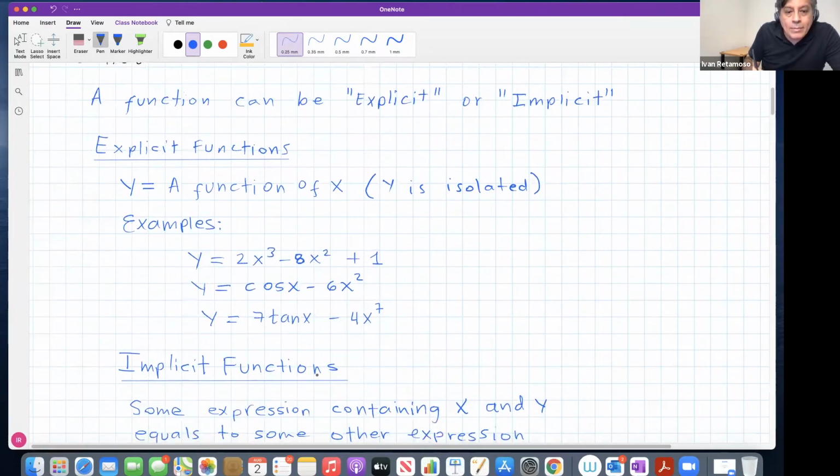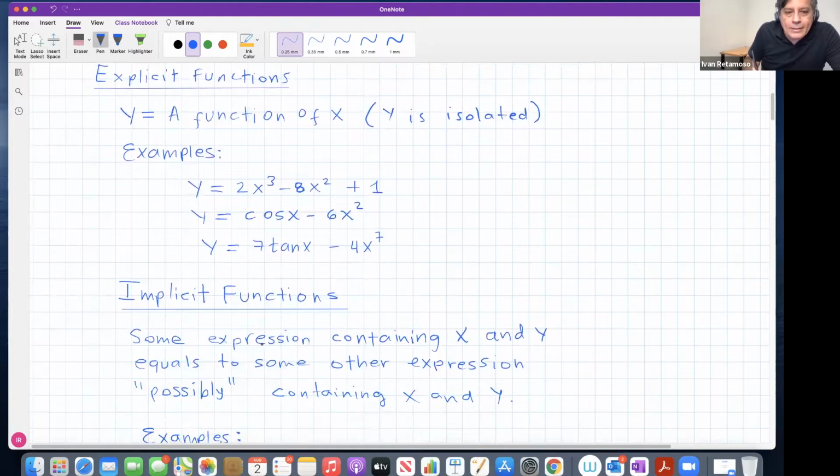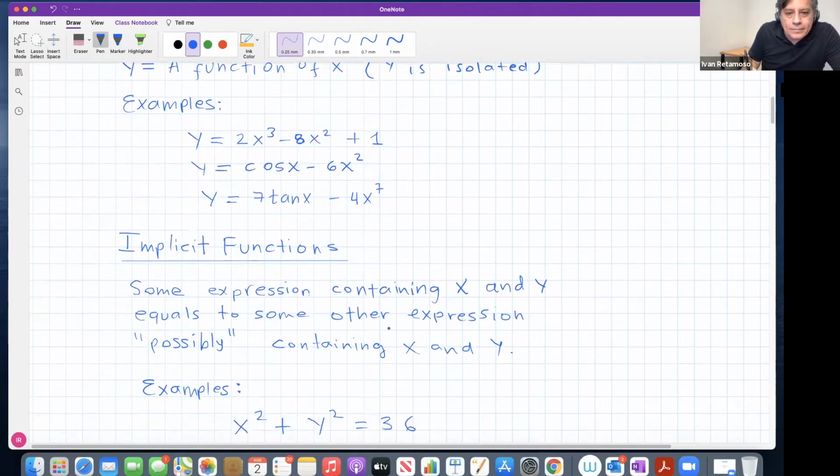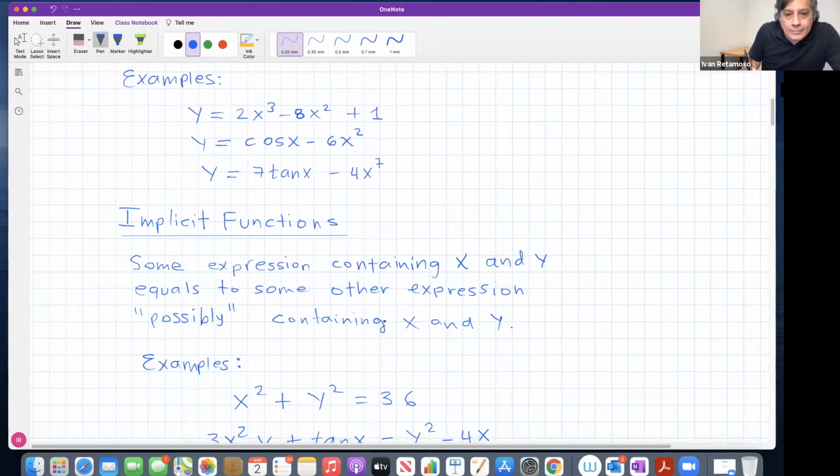But what are implicit functions? These functions are going to be defined via an equation in which you will find terms containing x and y, right?